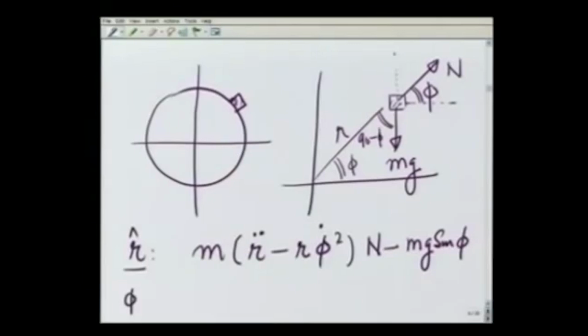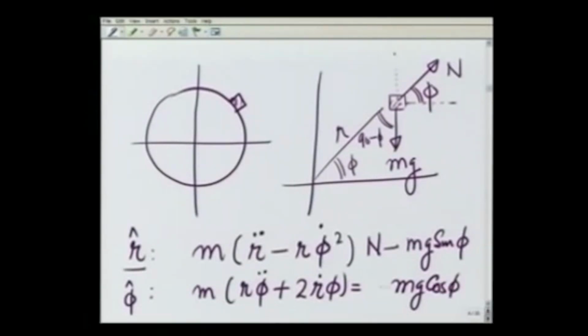Similarly, in phi direction, the equation of motion is going to be m times r phi double dot plus 2 r dot phi dot equals mg cosine phi, but with a minus sign because the force is acting in negative phi direction. Remember that phi is increasing this way and the component of mg is in this direction.